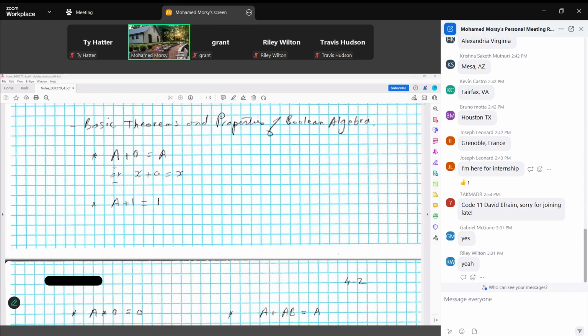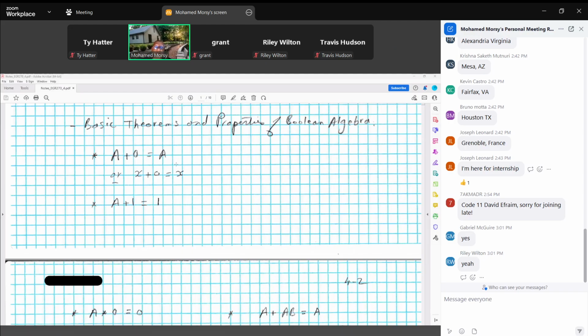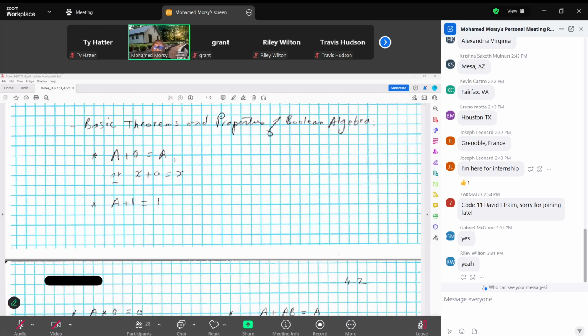So A plus 0 equals what? It's simple, but you know, create theorems. Simplicity is good. What do you expect for A plus 0? Equal A or 0? A. A, of course.